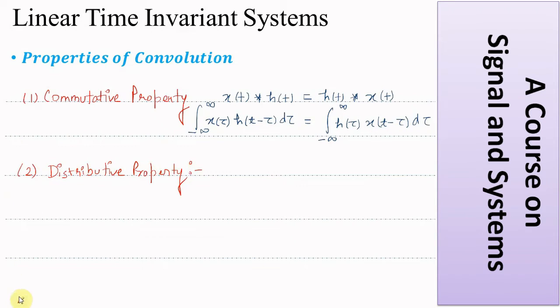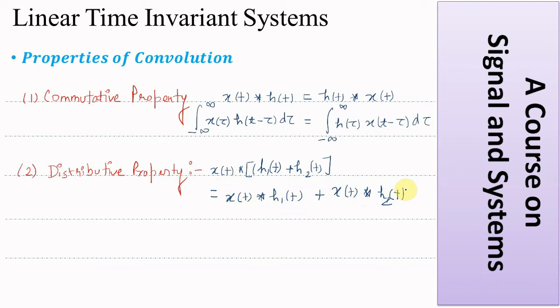This means that if I have three signals, suppose xt convolution with h1t plus h2t, this is actually equal to xt convolved with h1t plus xt convolved with h2t, right?